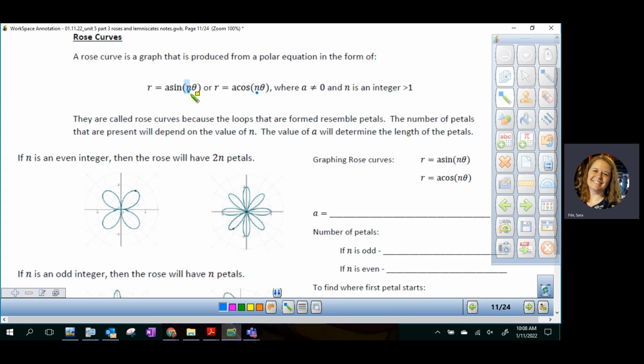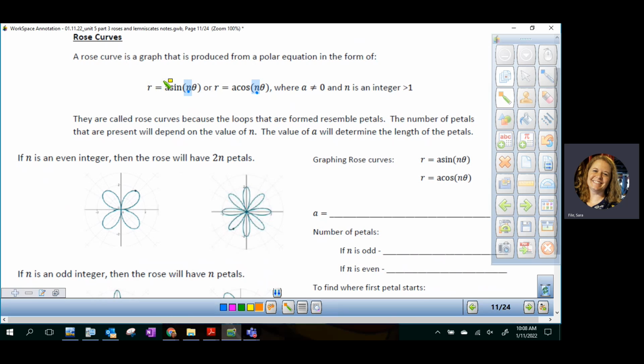We have not had a number, a coefficient on the theta inside the trig function before. That's how you're going to identify that it's a rose and not a circle. If that n was not there, this would be the equation of a circle. R equals a sine of theta, or r equals a cosine of theta is a circle. So that n is crucial. That's how you're determining that it's a rose.